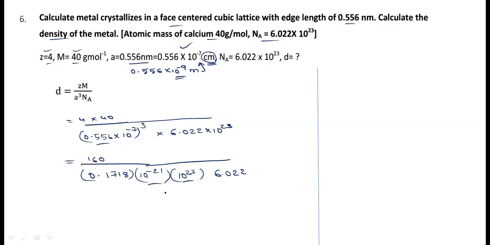Now 10 to the power of plus 23 and 10 to the power of minus 21 gives 10 to the power of plus 2, and the multiplication of 0.1718 into 6.022 is 1.034.